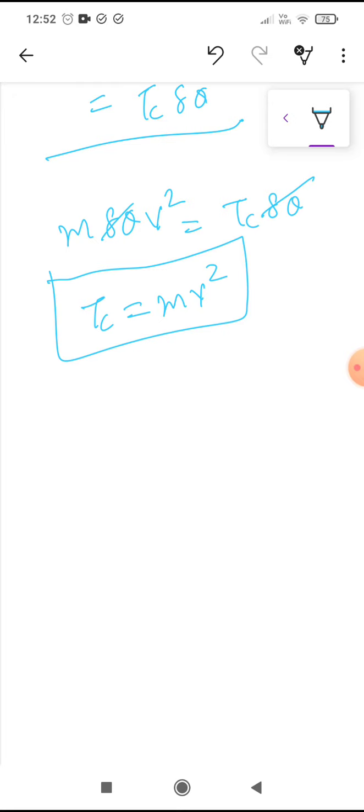Also, the centrifugal stress in the belt, if I were to calculate, suppose sigma c will be equal to the centrifugal tension TC upon the cross-section area of the belt A. So TC will be equal to sigma into A. This is the maximum tension in the belt.